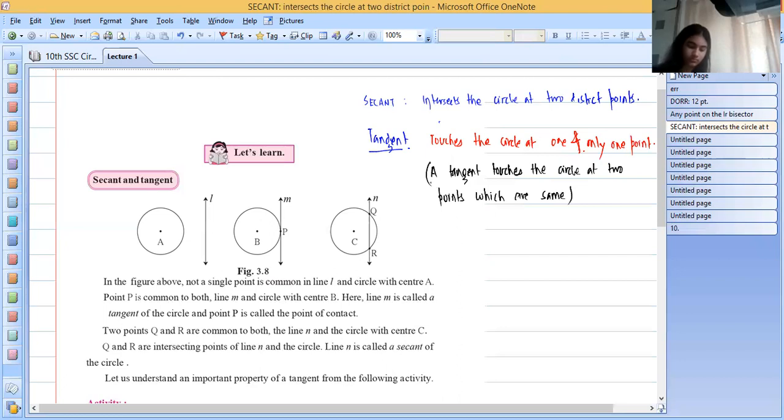That means it touches at 1 point. Understood? A tangent touches a circle at 2 points which are same.